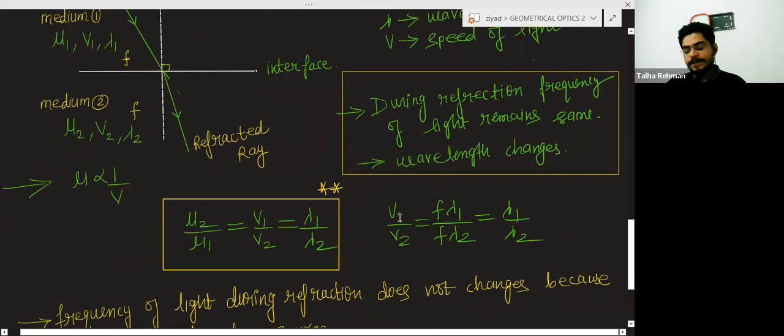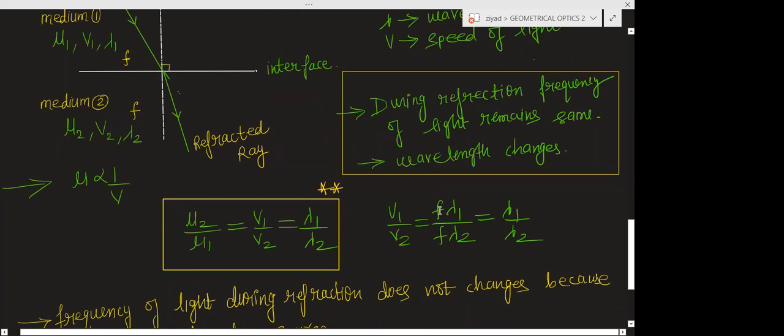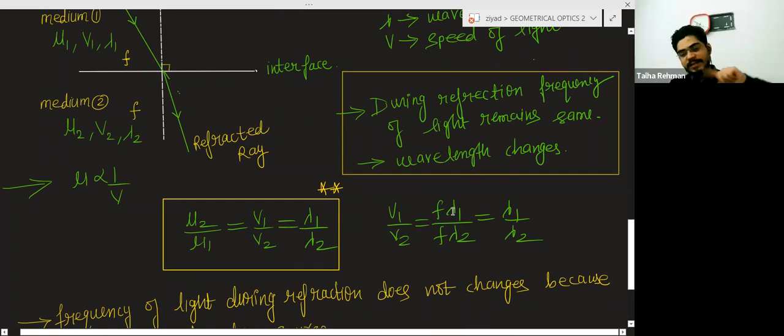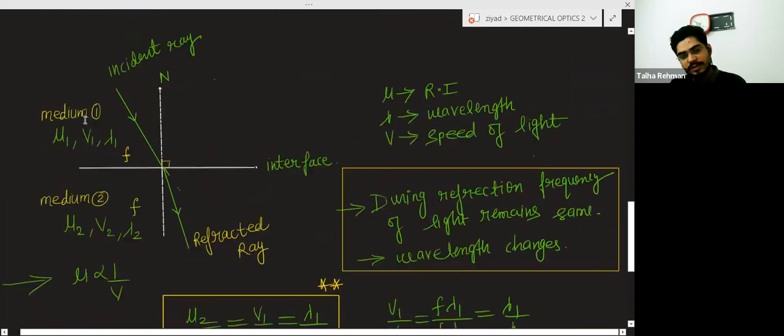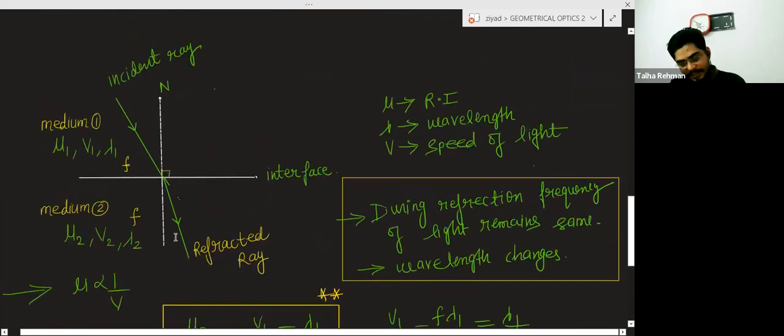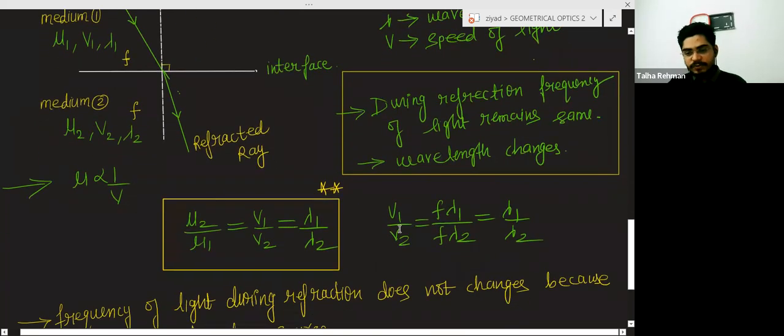Why is the frequency same? Because medium changes but the frequency of the light does not change. So that is why v1 by v2 can be written as lambda 1 by lambda 2. So this relation is very important.